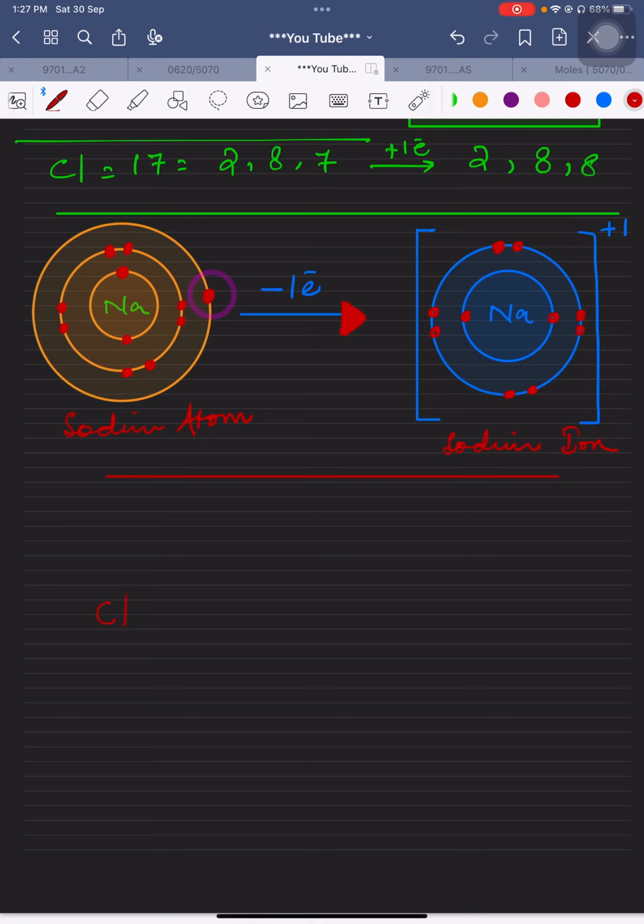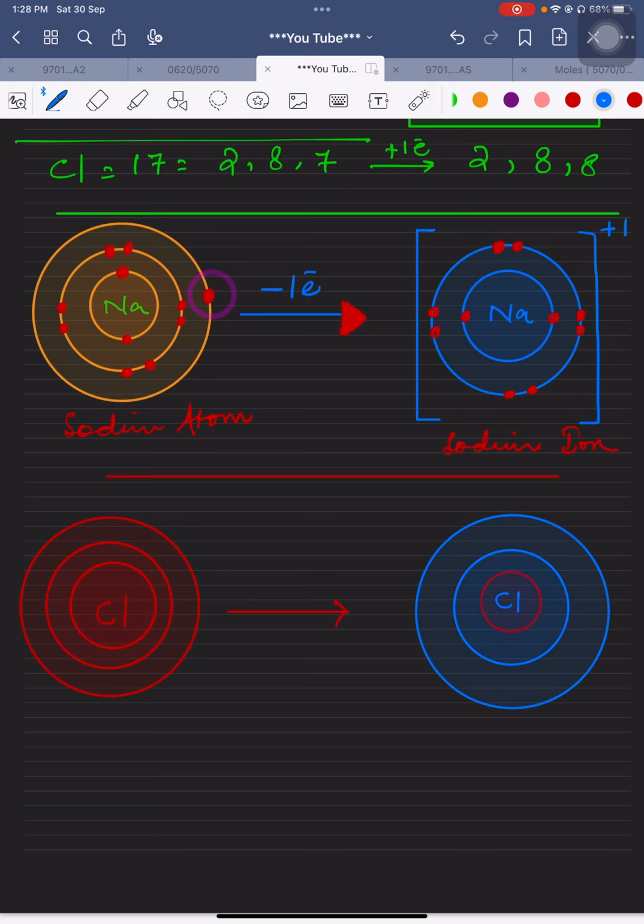Okay, what about chlorine? Look at this. First shell, second shell, third shell, and then what is happening? Okay, first shell, second shell, third shell.